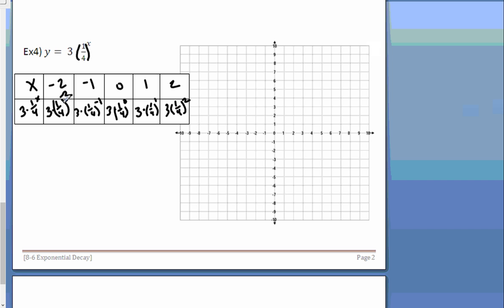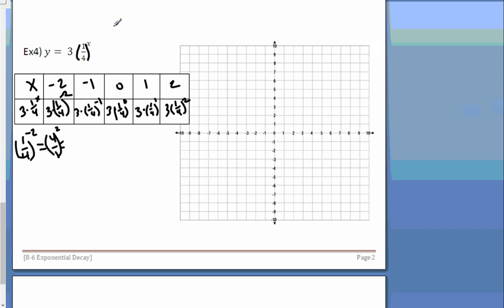So let's do the math. 1/4 to the -2 really means 4 over 1 squared, which is 16.